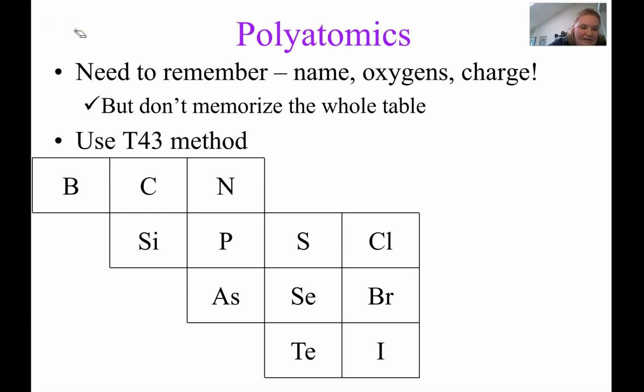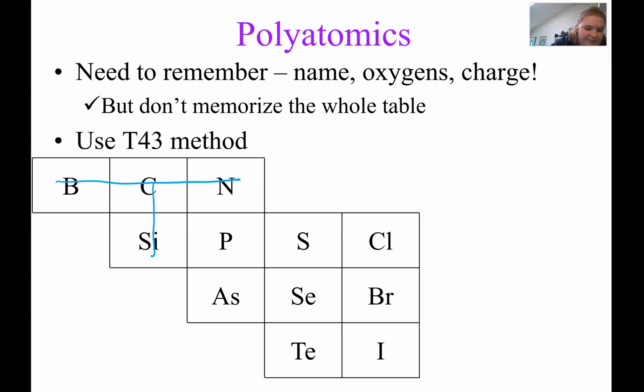The way that I like to teach this is called the T43 method. So I have part of a periodic table on my slide here, and I'm going to write in T43.